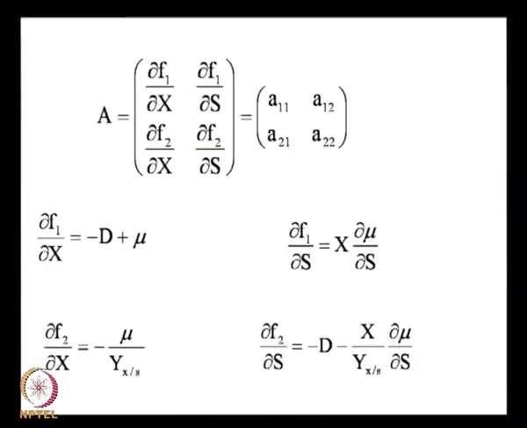Okay, and then the last thing, in the last 5 or 10 minutes of the lecture, what we did was we put in our form, still in the form of the specific growth rate being mu here, as you see on the screen now, and we derived the matrix A, because using the Hurwitz criteria we had to derive the matrix and then look at the terms of the matrix.